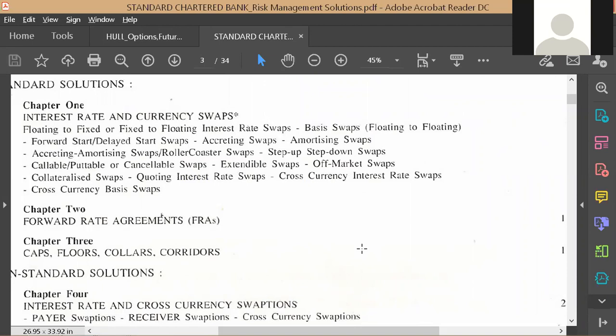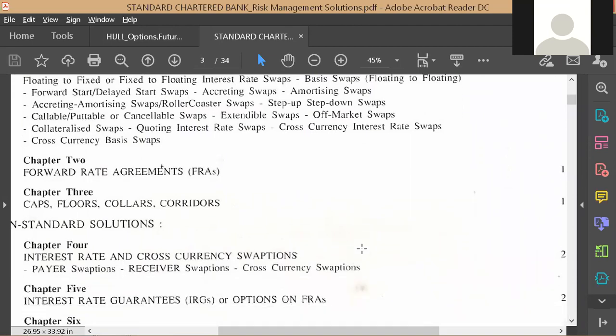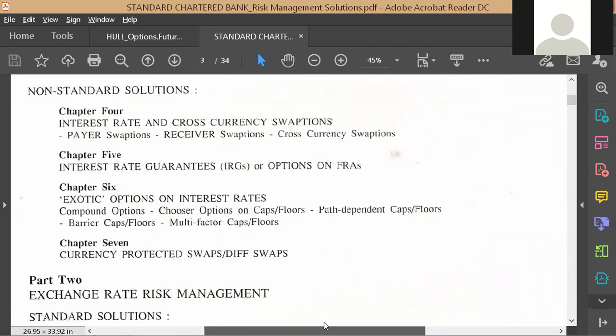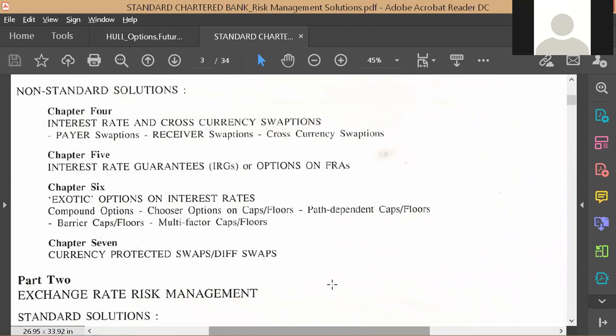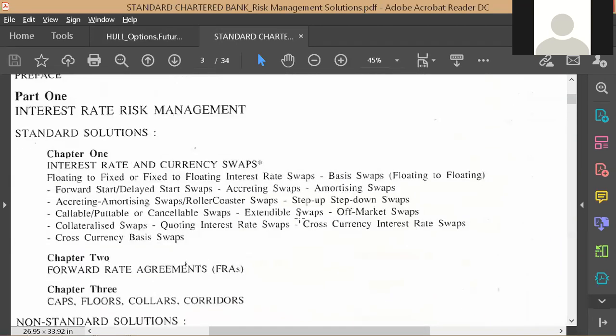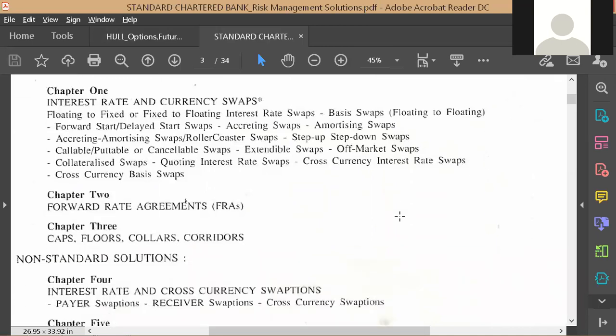When I look at interest rate options, which is covered under non-standard solutions, this book is structured this way. There is a high-level division into interest rate risk management and currency risk management.